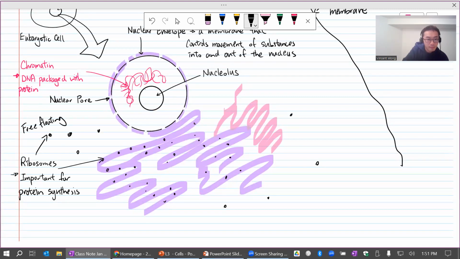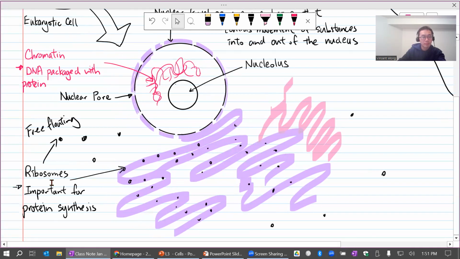Professor, sorry, I didn't get where the network comes from. Okay, so you understand the envelope, right? The purple thing that goes around the nucleus. Yes. So that envelope extends outward from the nucleus, and then it forms this purple network, tunnels.